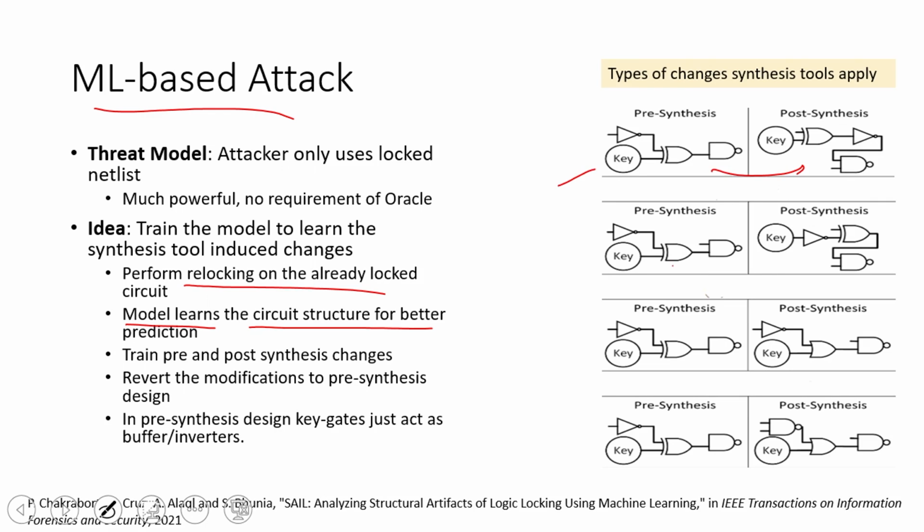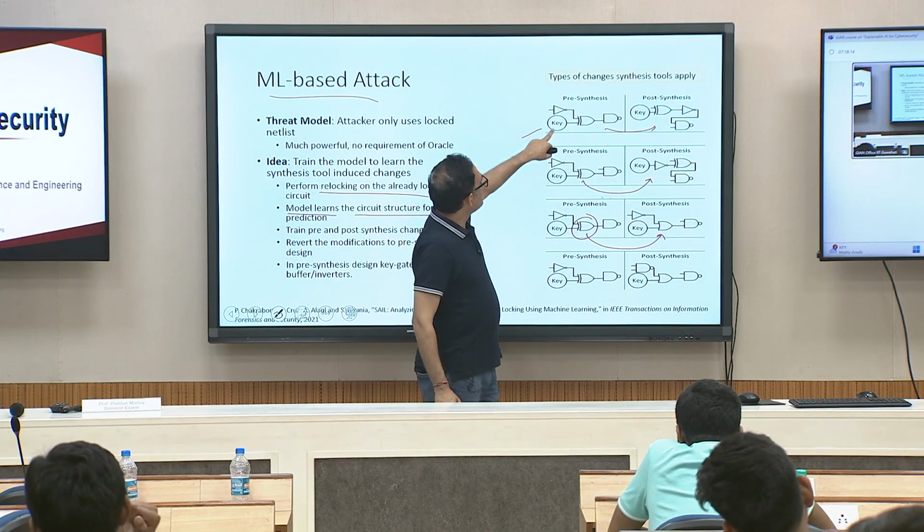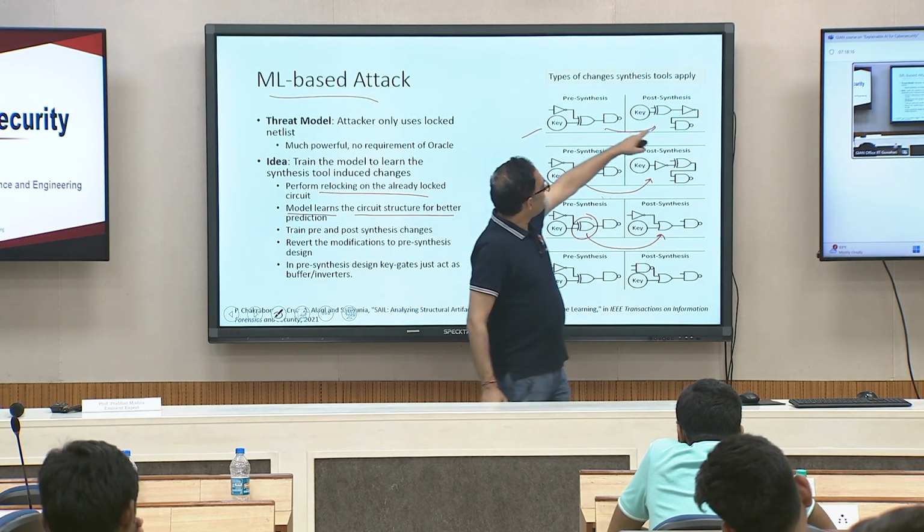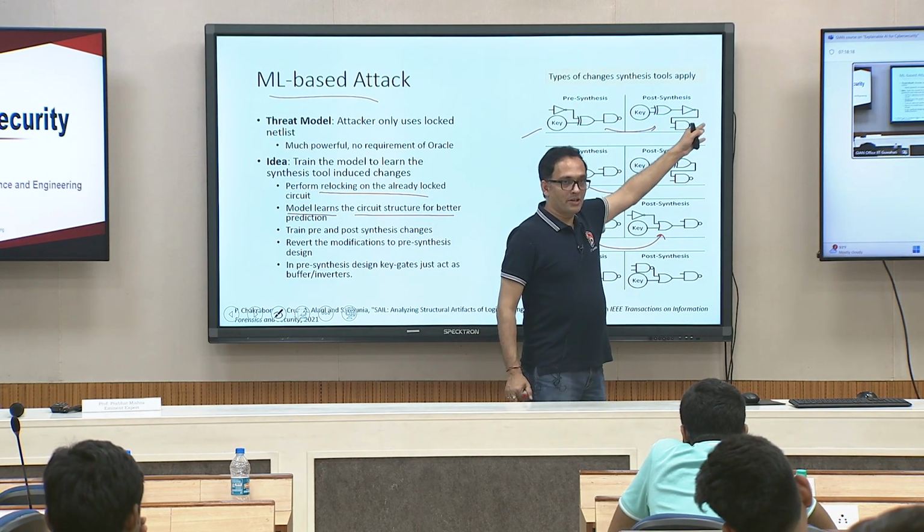If this is the pre-synthesis circuit, then this is the post-synthesis one. The modification happens because the attacker knows the circuit, where he has locked and what is happening around that. He keeps this as a training data set. It basically says that if this is the pre-synthesis circuit and the key value is 0, after modification this will be the modified circuit.